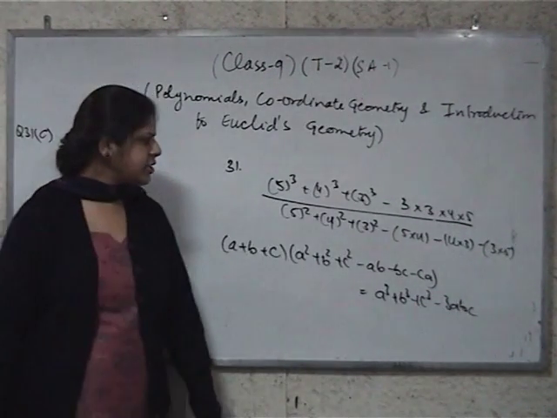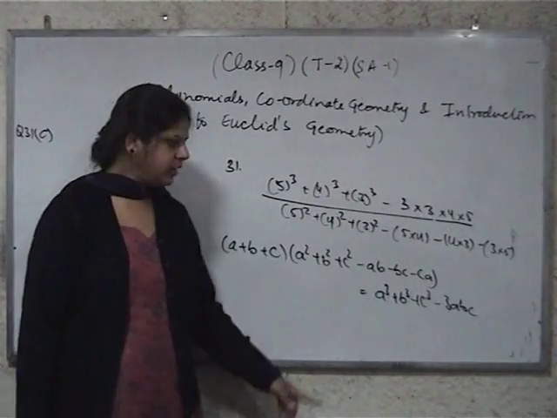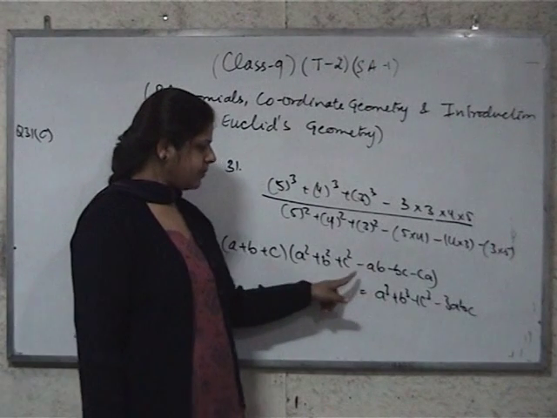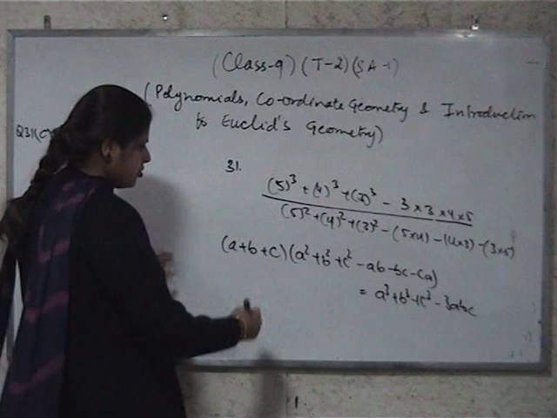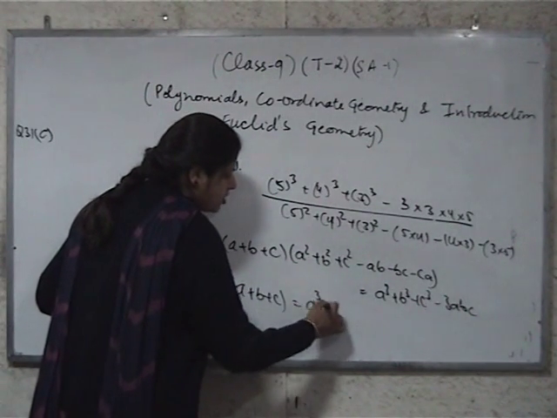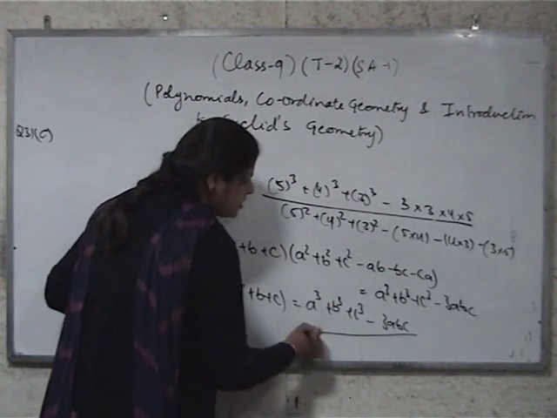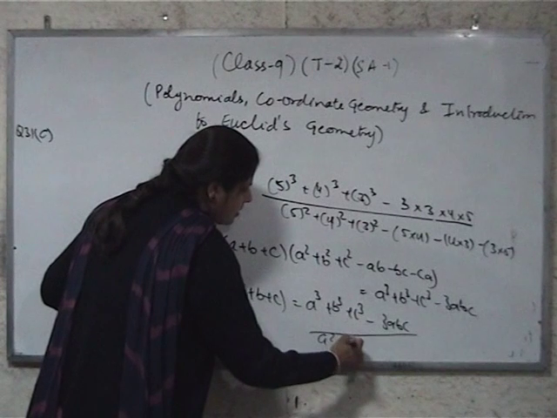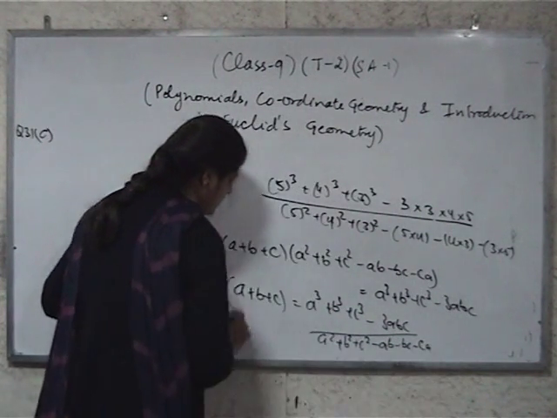Now if you look at the expression, this is a cube plus b cube plus c cube minus 3abc, and in the denominator I have this term a square plus b square plus c square minus ab minus bc minus ca. So can I say from here a plus b plus c is a cube plus b cube plus c cube minus 3abc upon a square plus b square plus c square minus ab minus bc minus ca.